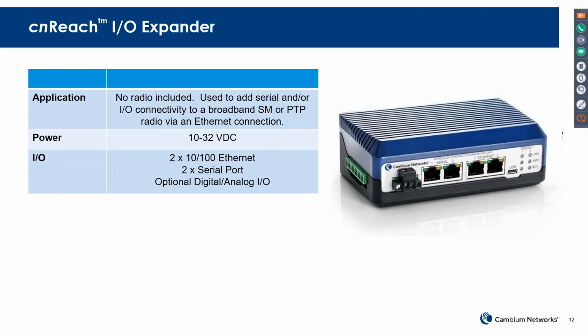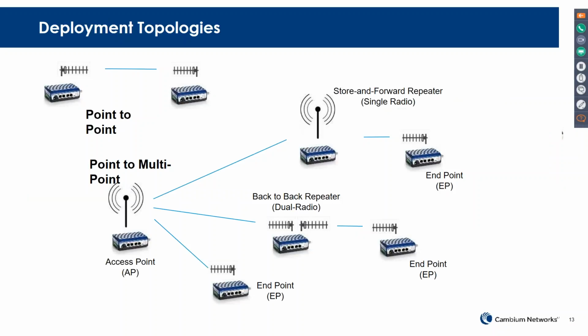We have 8 channels on the I/O port. This device will act as a Modbus TCP slave to allow control by a Modbus TCP master. The power is 10 to 32 volt DC.